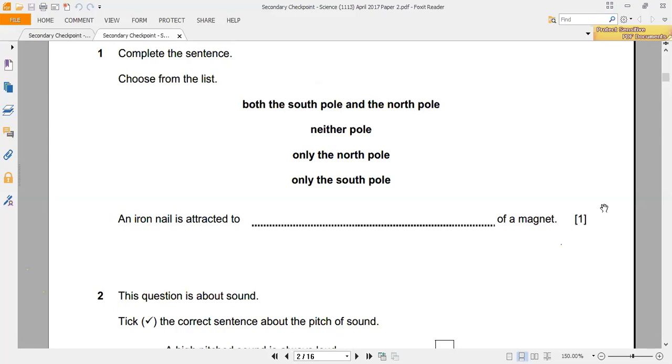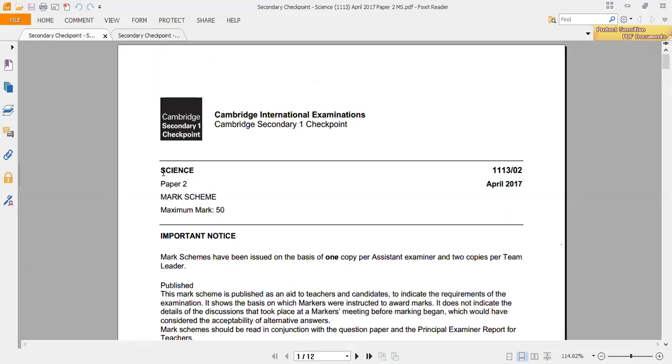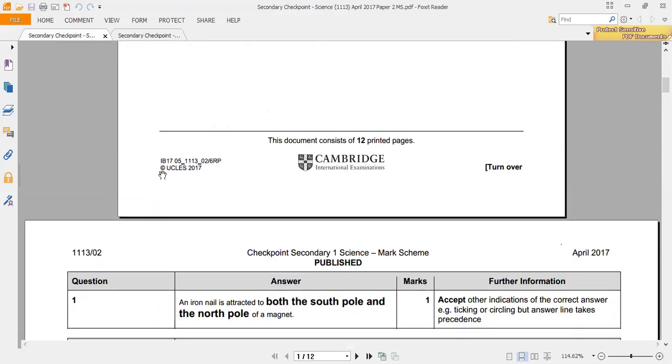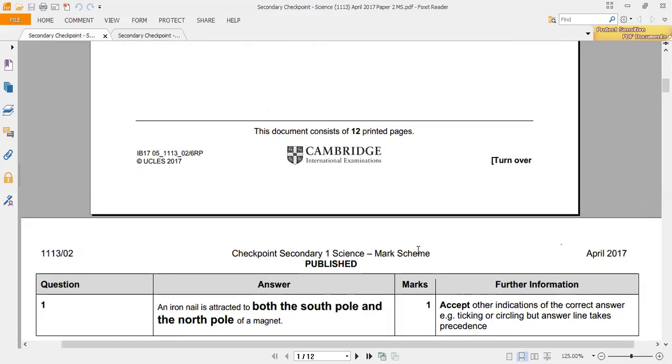Actually, an iron nail is attracted to... Of course, it's both poles. Also here, an iron nail is attracted to both the south pole and the north pole. I'm sorry. Because it's not a magnet, it's just iron, so any one of the poles can attract it, the north or the south.